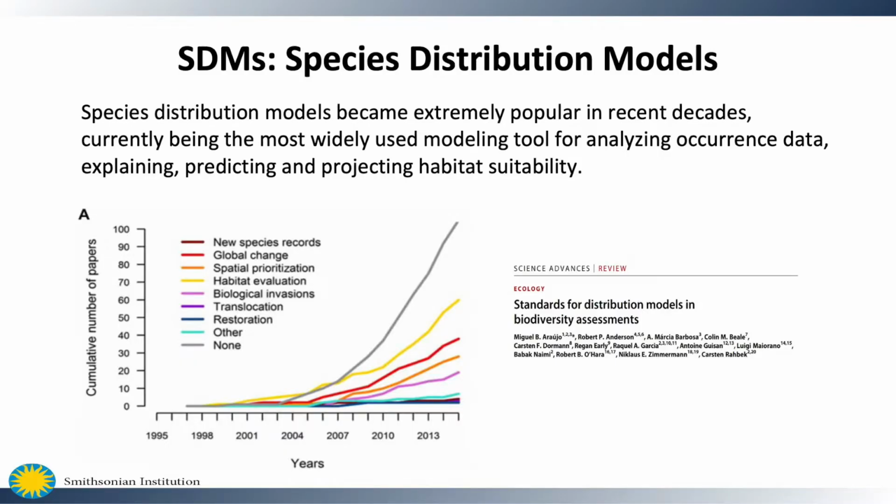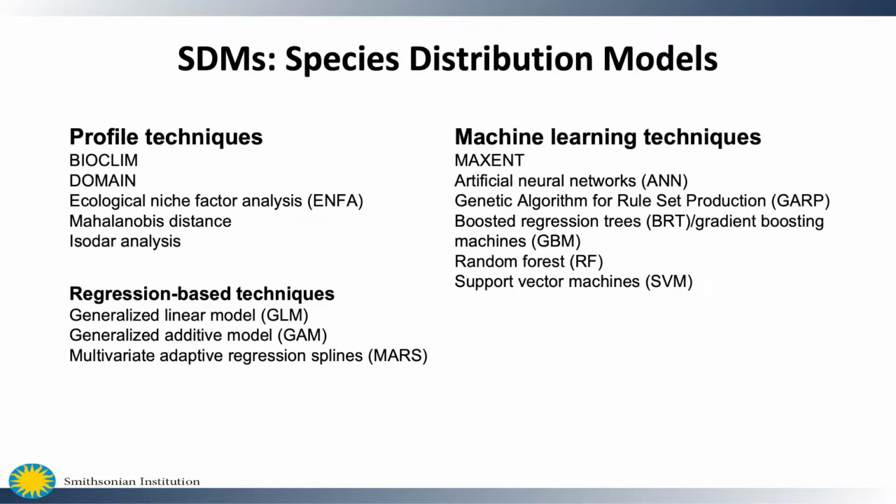These models have recently become critical components of studies in ecology, evolutionary biology, wildlife management, and conservation, and are nowadays one of the most widely used modeling tools for analyzing occurrence data and predicting habitat suitability in time and space. Currently, there are many different algorithms that can be used to fit species distribution models, among them generalized linear models, generalized additive models, random forest, gradient boosting, maximum entropy, etc.